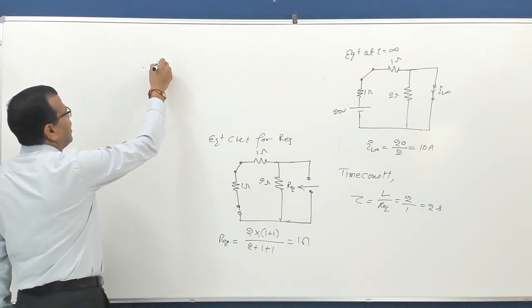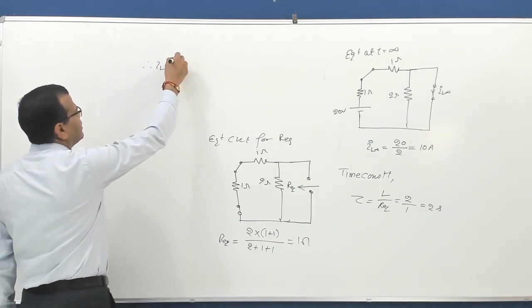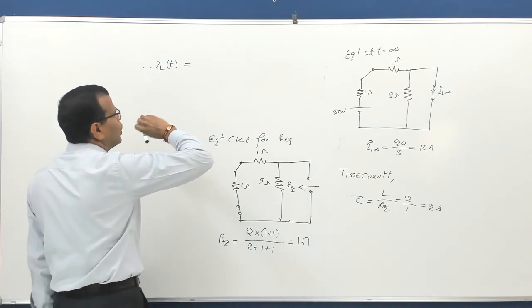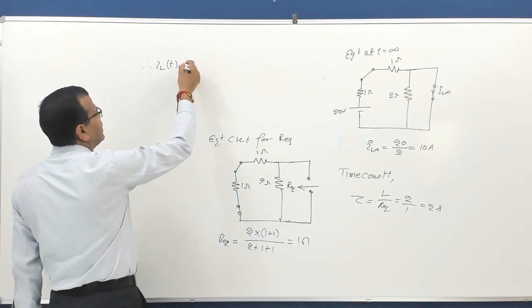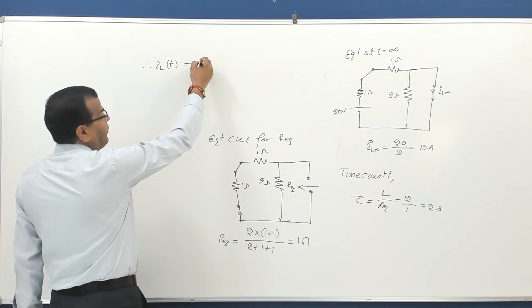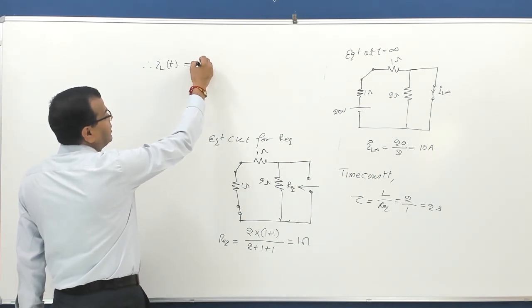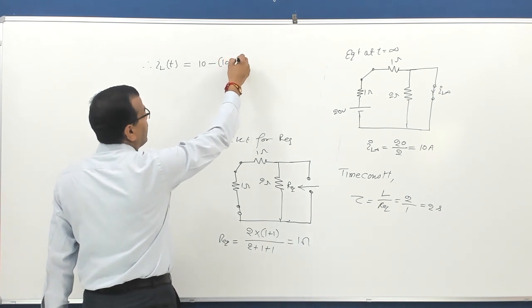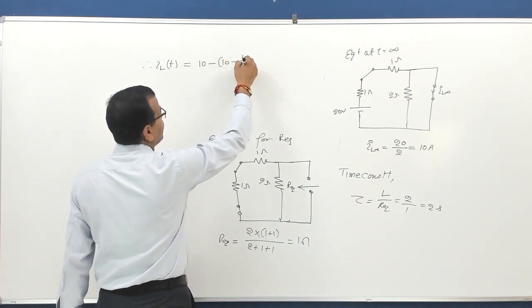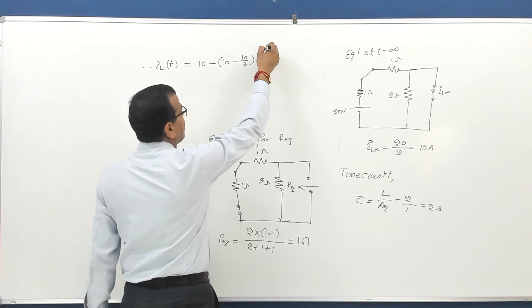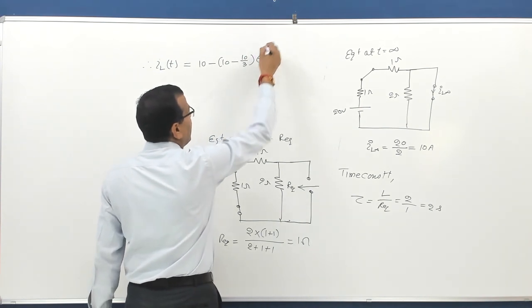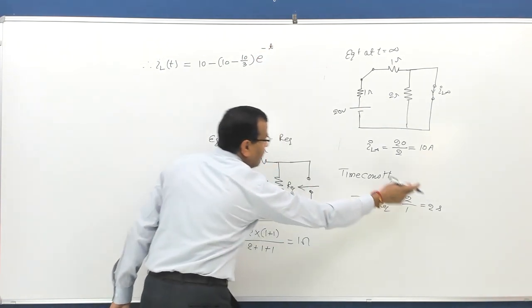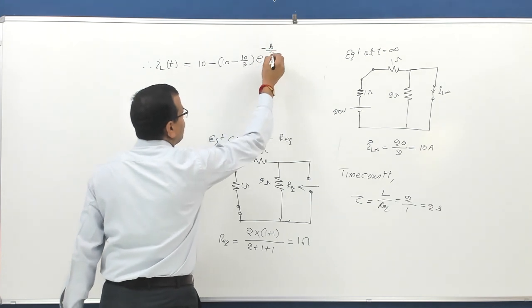Therefore, I will write the current through the inductor for t greater than 0, IL(t) is equal to IL infinity, that is 10 ampere, minus 10 minus 10 by 3 into e raised to power minus t by tau, where tau is 2.